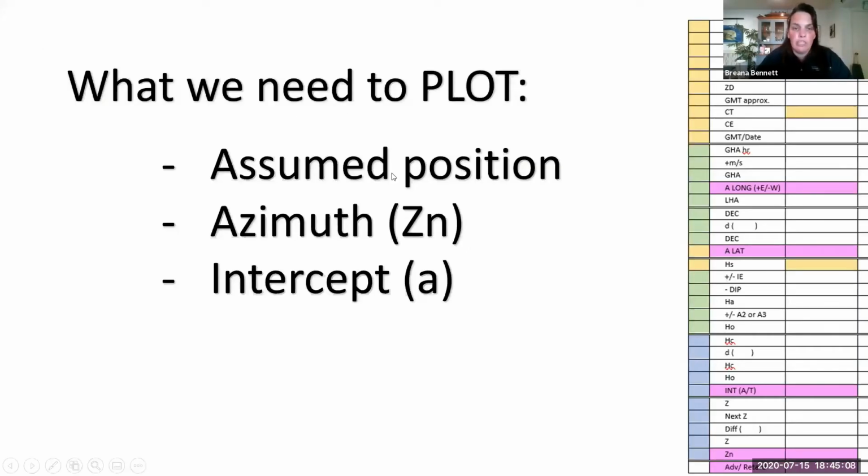So what we need to plot: assumed position, azimuth, and intercept. And how we find that is using a sight reduction form. In this form, the things that we need are our assumed latitude, assumed longitude, that's our assumed position, the intercept, INT, and then the azimuth, Z and ZN.